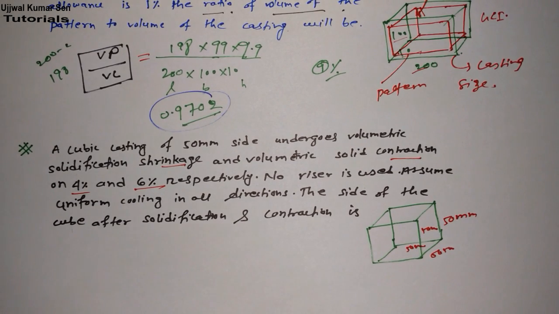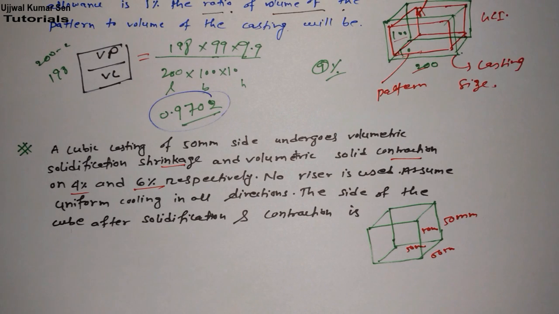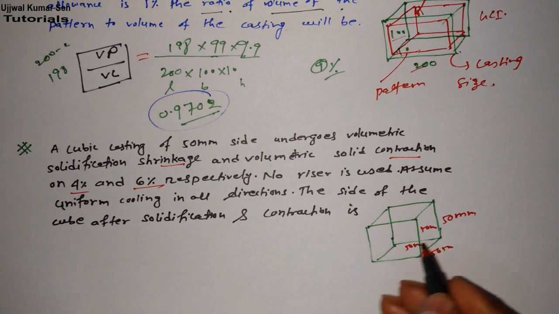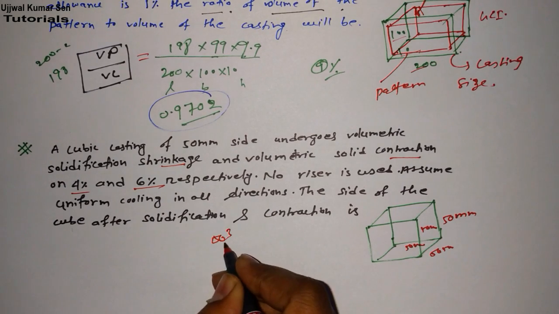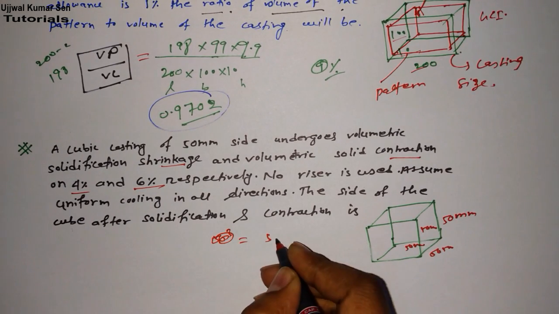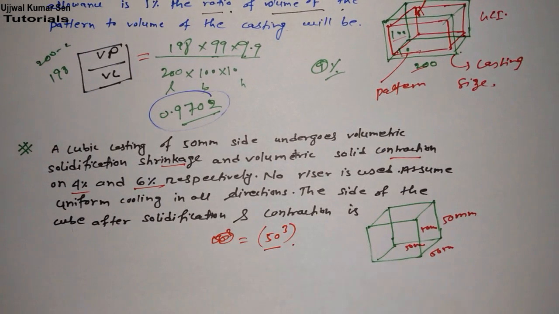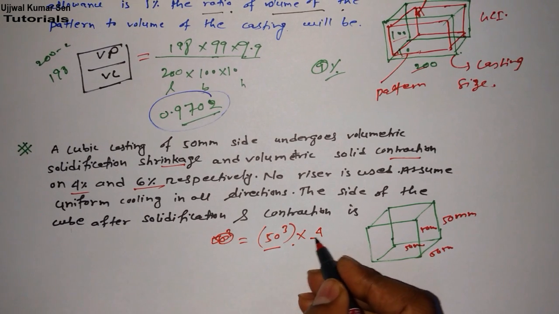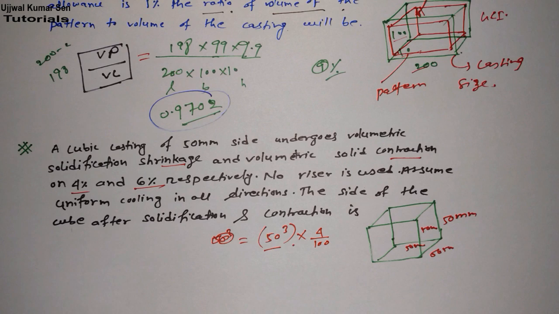Now think about it. There is a change in volume, a volumetric shrinkage. Volume of this cube would be 50 to the power of 3, right? So let me write properly, 50 cubed. So in this cube there is contraction of 4%. So after contraction, what will be remaining?